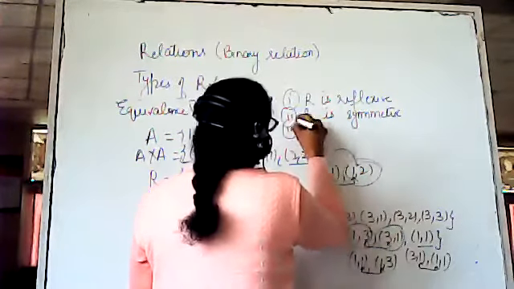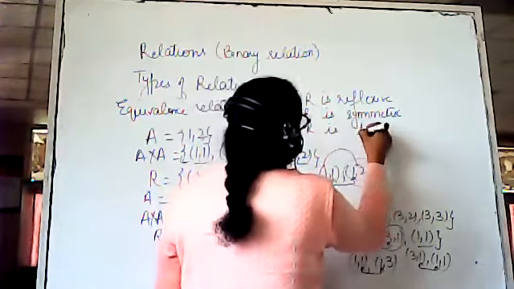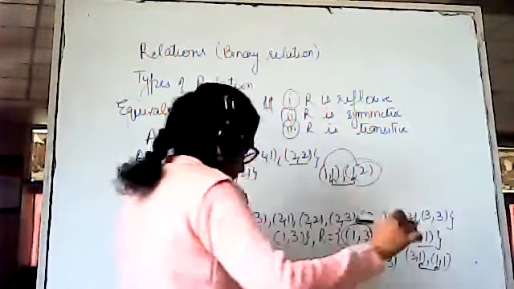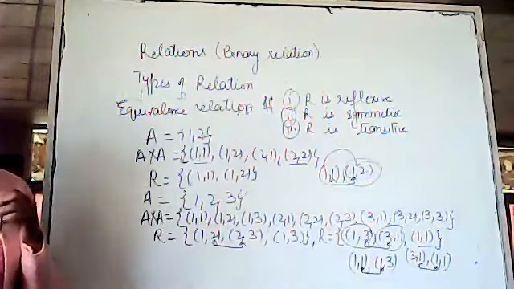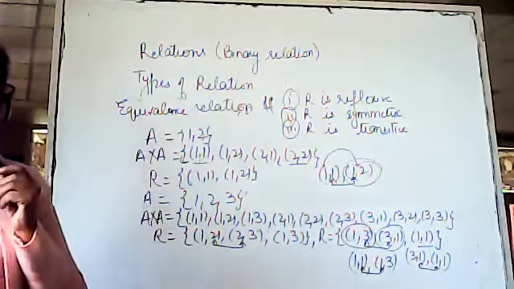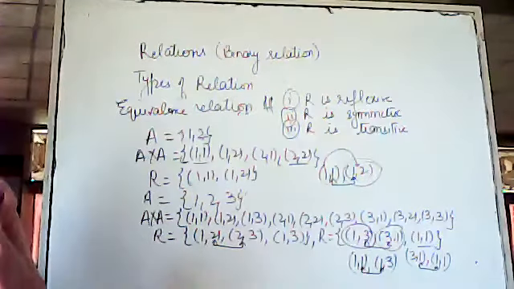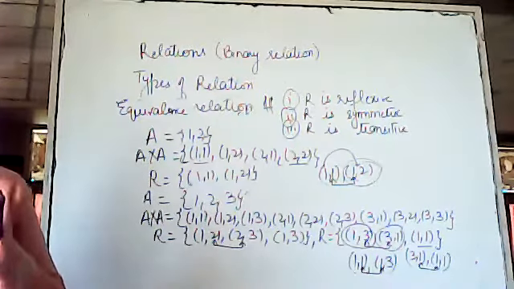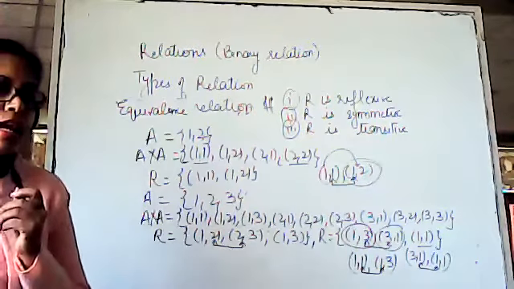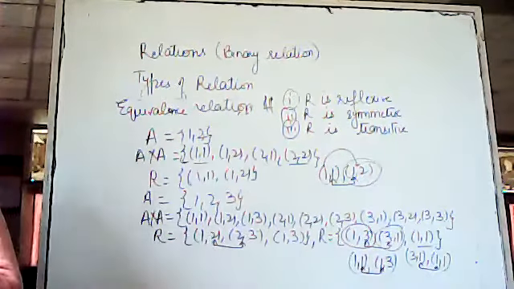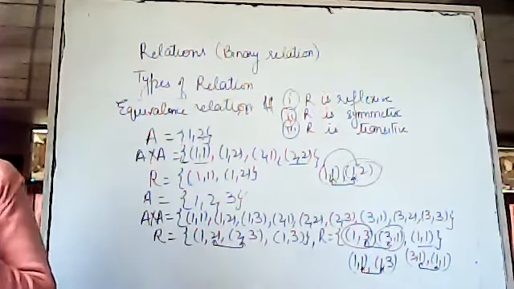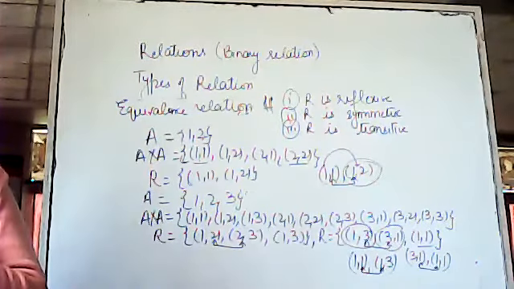And number three, R is transitive. Okay? If these three conditions are satisfied, we have already done about reflexive, symmetric, and transitive relations. If these three conditions are satisfied, then we will say that the relation R is an equivalence relation.